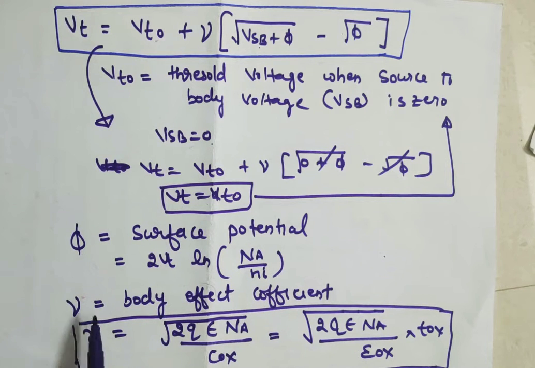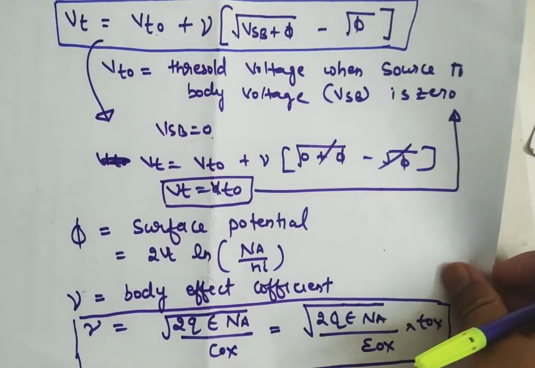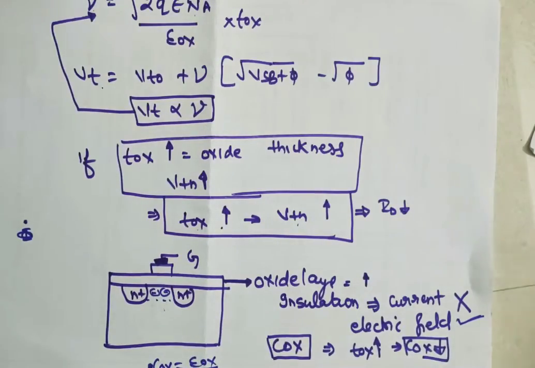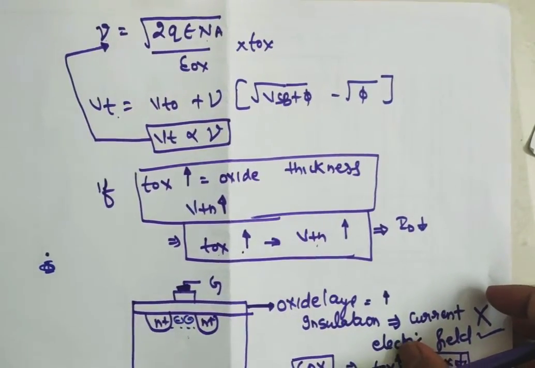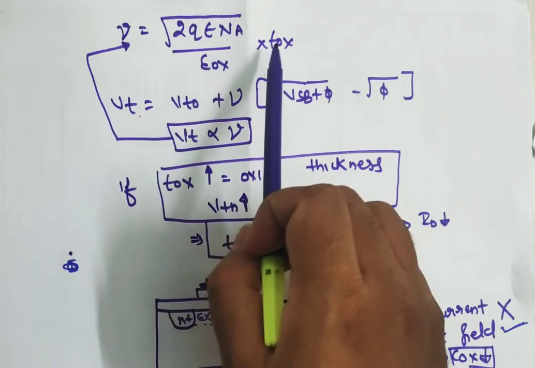What is gamma? Gamma is called the body effect coefficient. The equation of gamma is square root of (2q epsilon naught Na) divided by Cox. What is Cox? It is the oxide capacitance, and epsilon naught is the permittivity. Na is the doping, q is the charge. If we expand Cox, it will be epsilon ox upon Tox. So gamma is equal to square root of (2q epsilon Na) upon epsilon ox upon Tox.